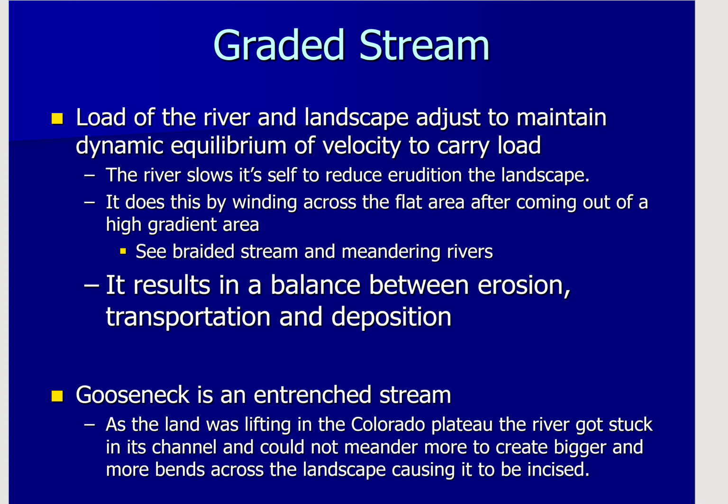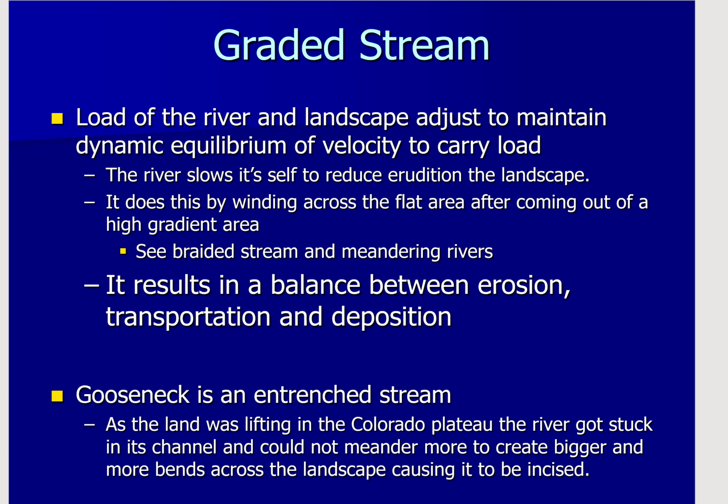And a really good example of this in North America is something called goosenecks in the Colorado Plateau. When the Southern Rocky Mountains were being created, a large portion of the Southwest popped up called the Colorado Plateau, and it happened so fast in geologic time that the river didn't have time to start to adjust to its shape.